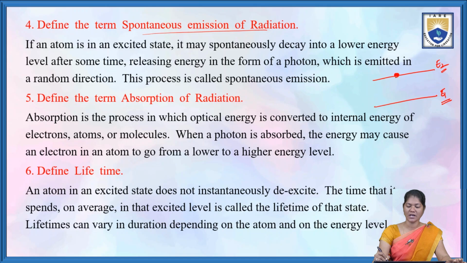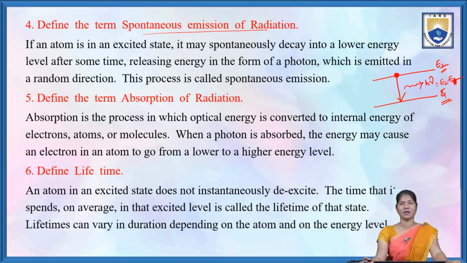So after some time, the atom itself spontaneously decays into the lower energy level by releasing energy in the form of a photon. This photon energy equals the energy difference between the two energy levels. So this process is called spontaneous emission.